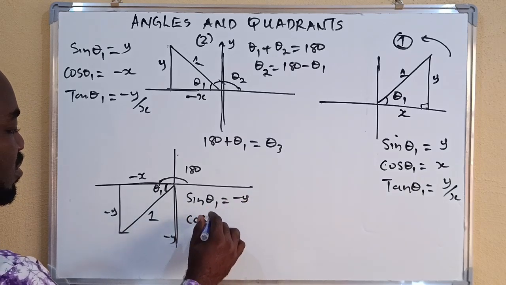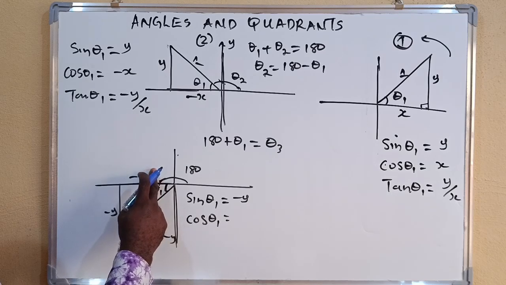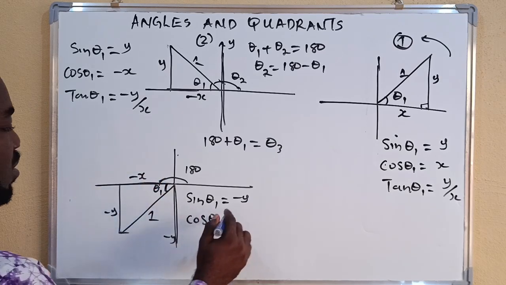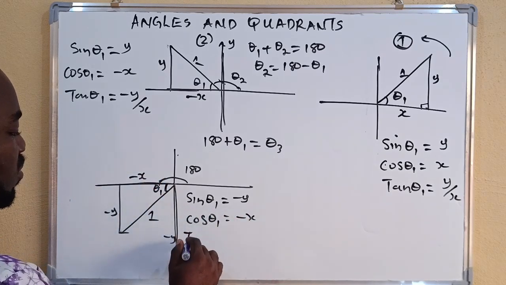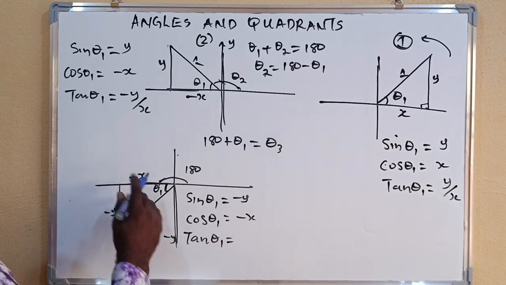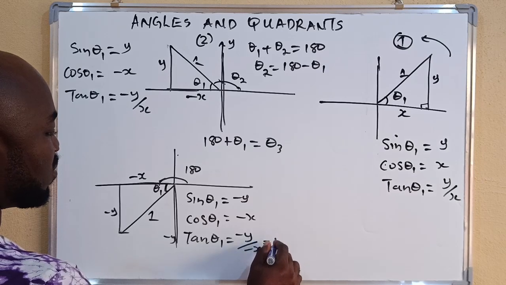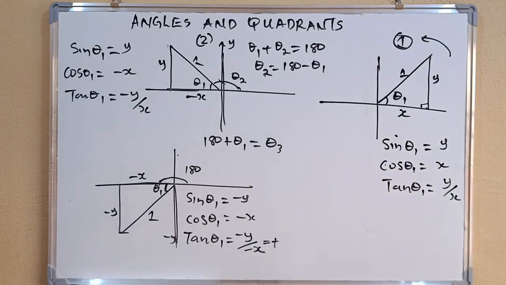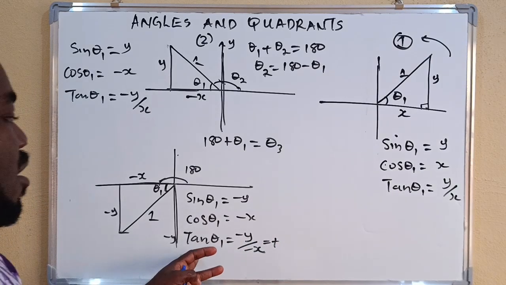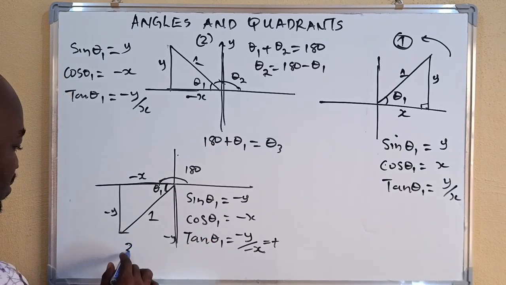Our cos theta 1 will be adjacent over hypotenuse, which is minus x. But our tan theta 1 will be opposite over adjacent, minus y over minus x, and that will be positive. So in the third quadrant, only tan is positive. The rest are negative.